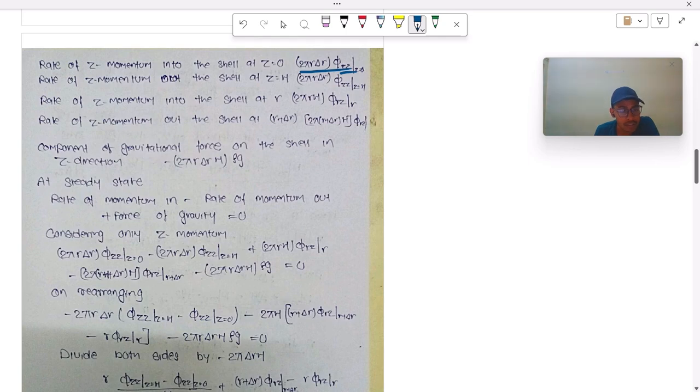So now writing the cell momentum balance at steady state, which is given by rate of momentum in minus rate of momentum out plus force of gravity equal to 0.